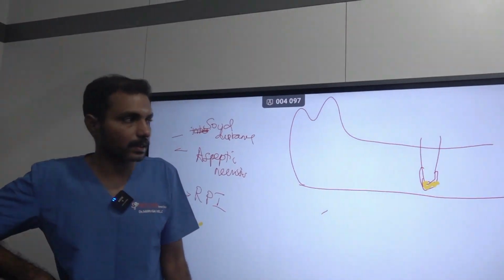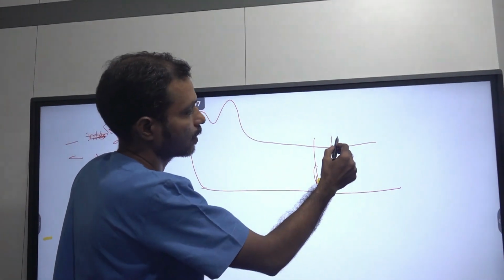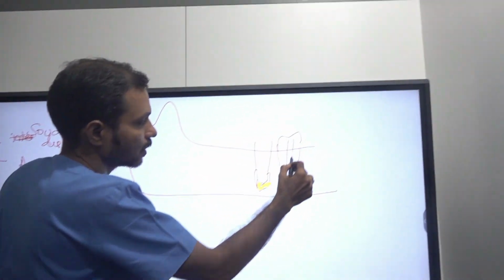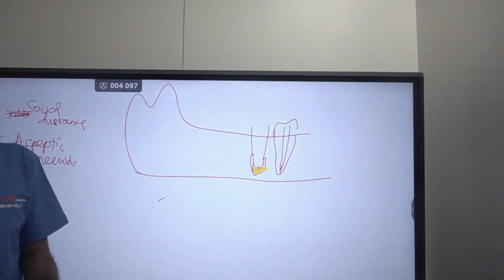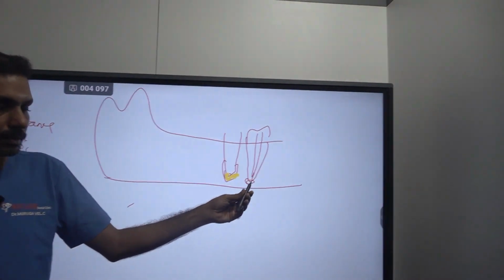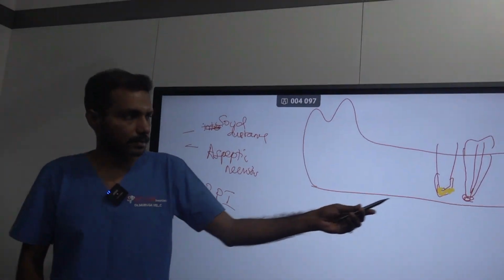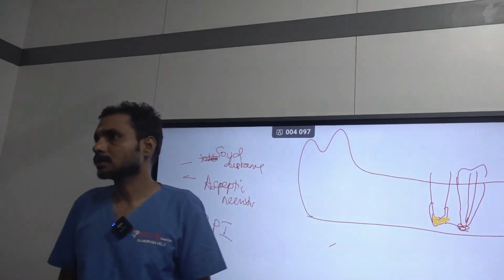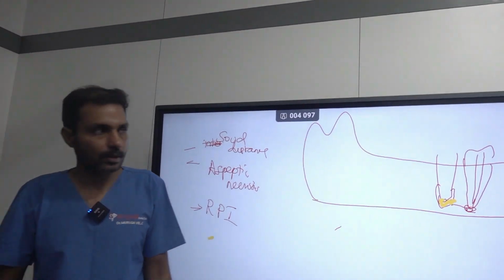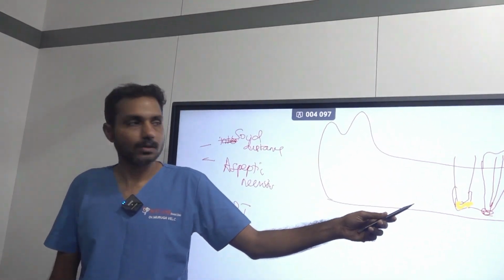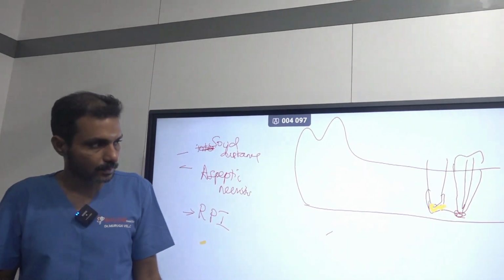Another common reason is any adjacent tooth with RCT treatment. There may be some chronic infection sleeping there. This may affect here. So whenever there is a root canal treated tooth adjacent, you should be very careful not to go closer.